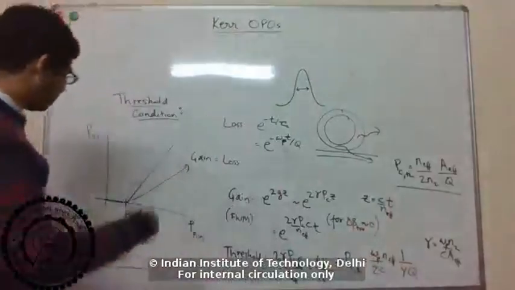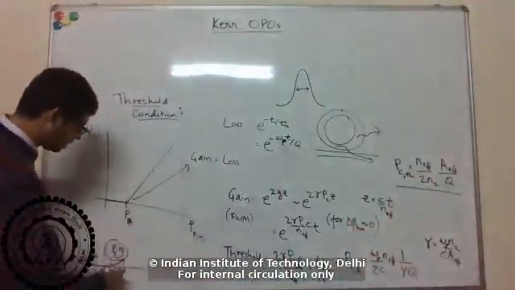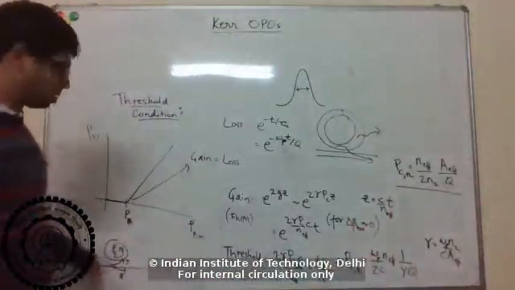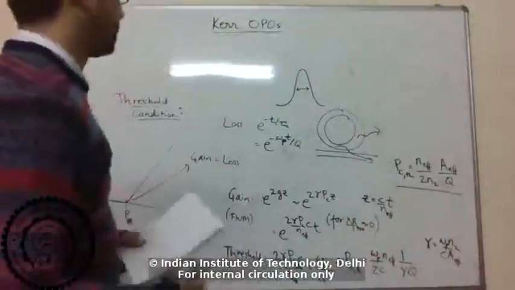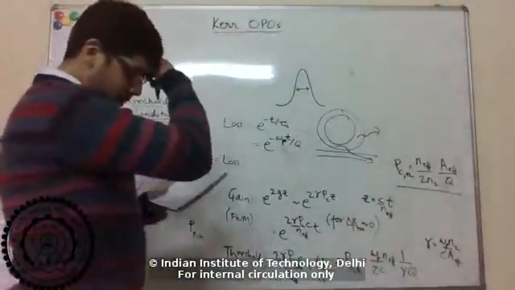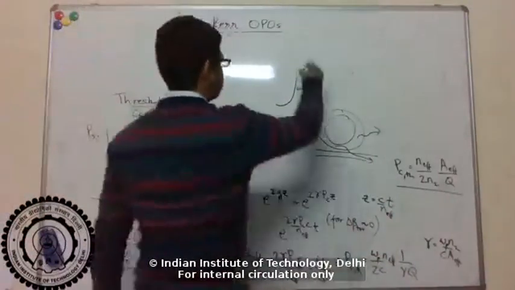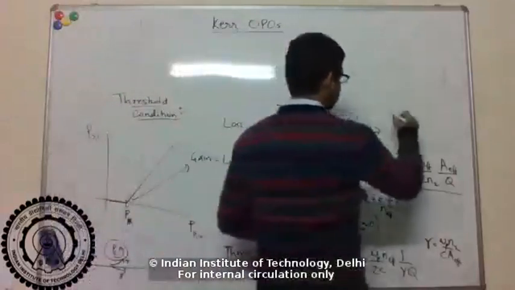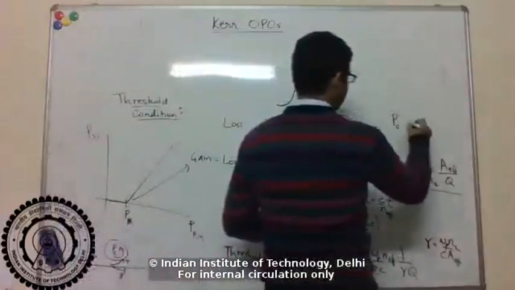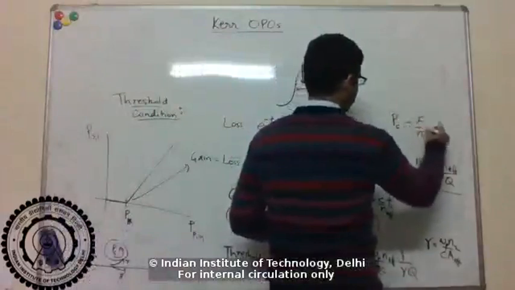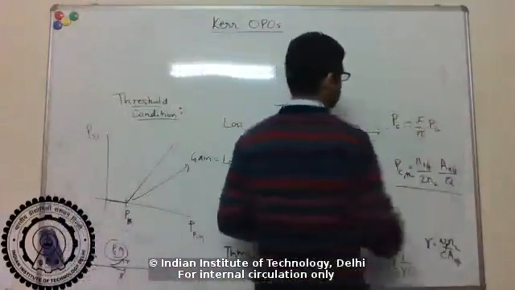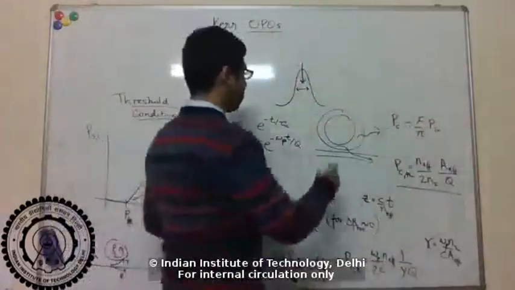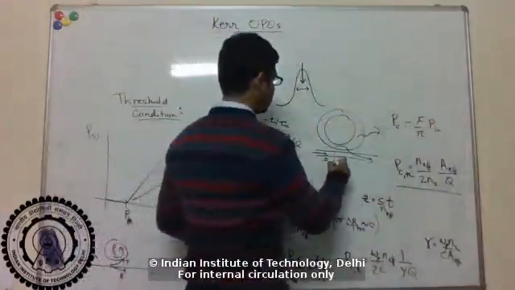Recall that finesse was related to the transmission and reflection coefficients here, which is basically your coupling constant of the waveguide. So if we are right on resonance with the pump, then the power inside the cavity is a factor of finesse, or F over π, times the power sent in from the waveguide, P in.